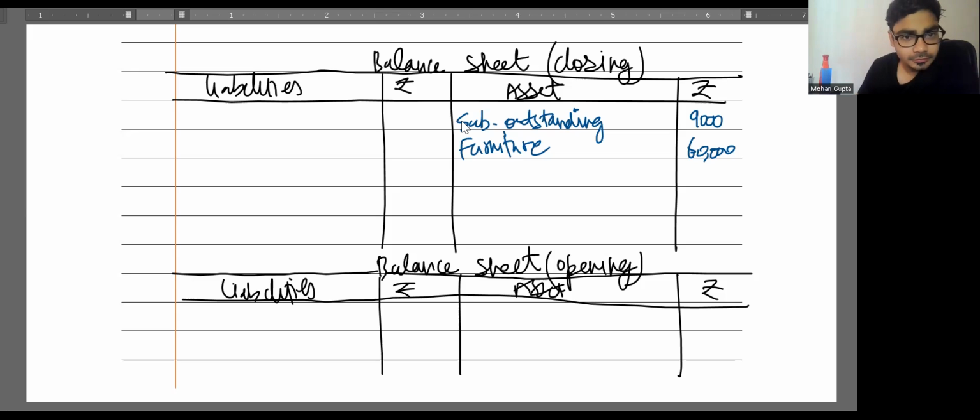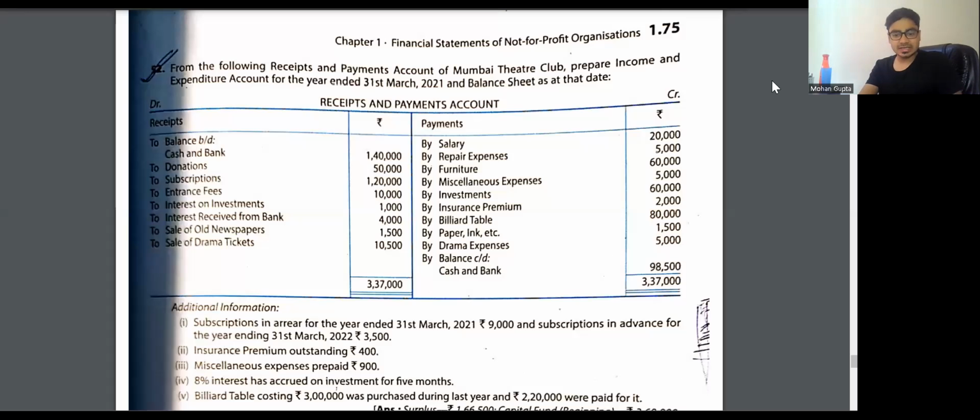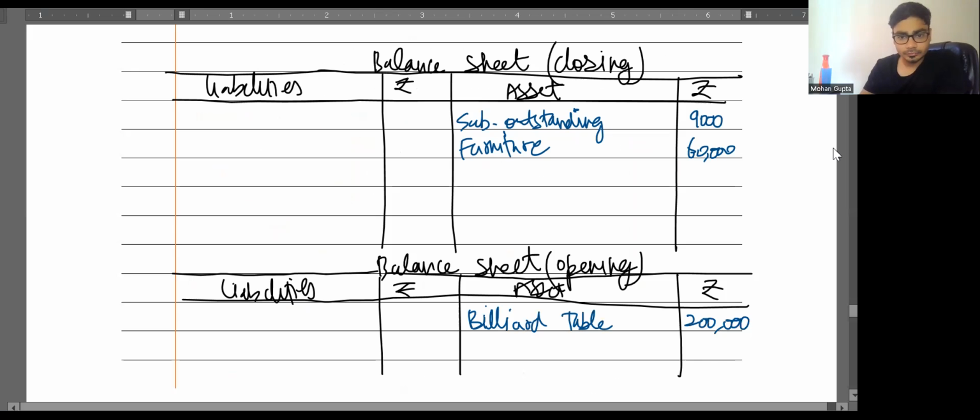It will come in the opening, because we purchased it last year. But it will come in this year also, because if we purchased something last year, we will still have that asset.